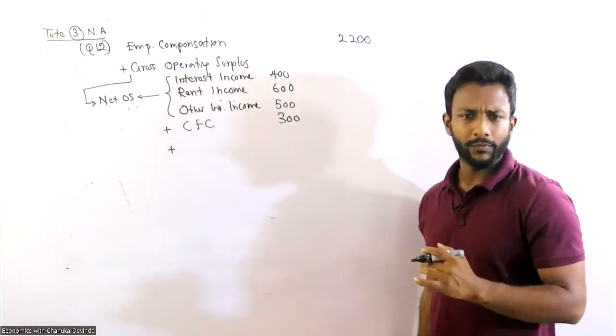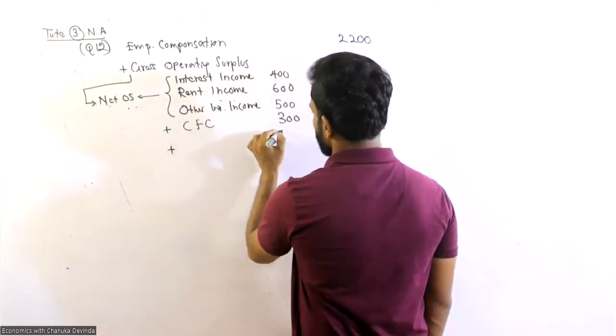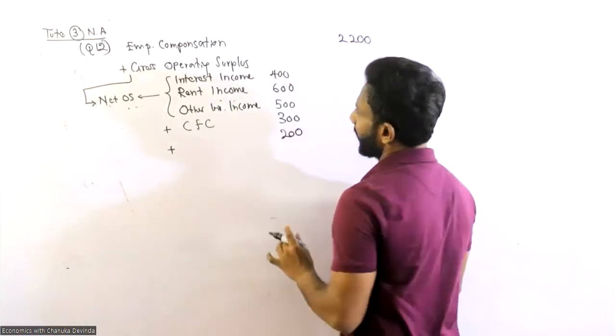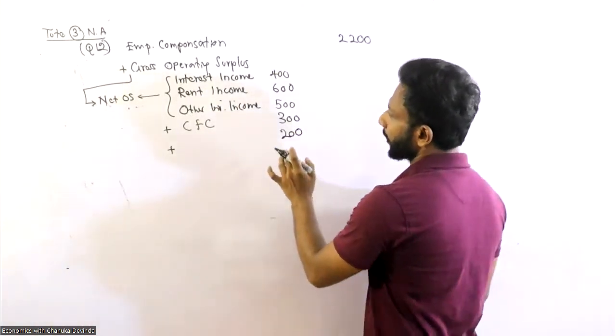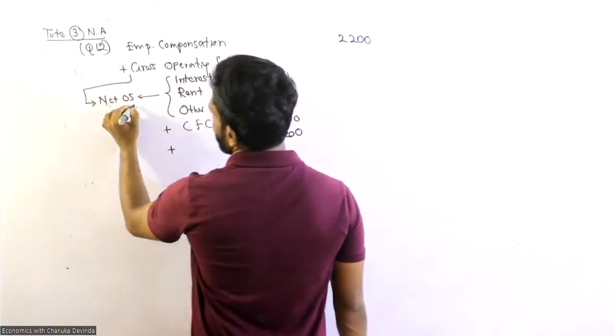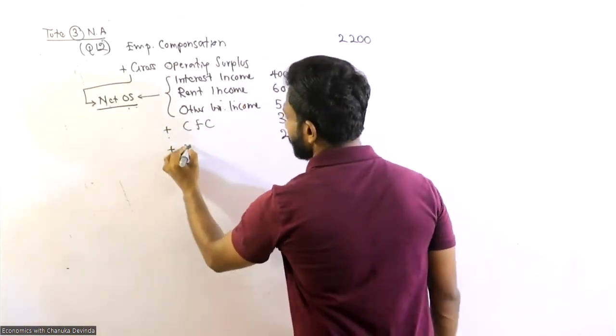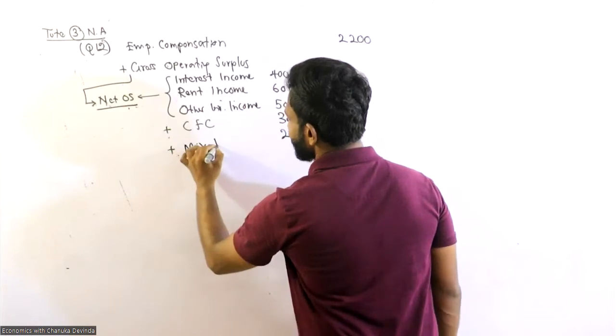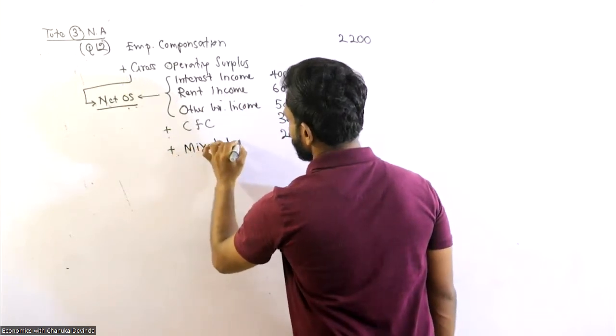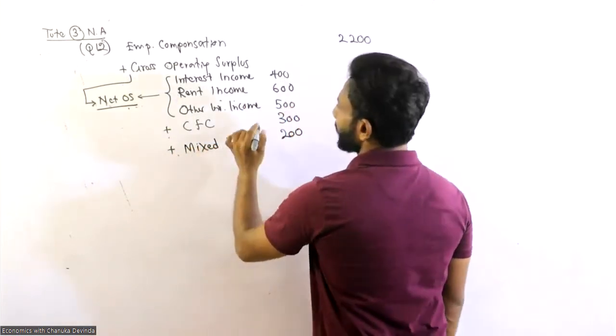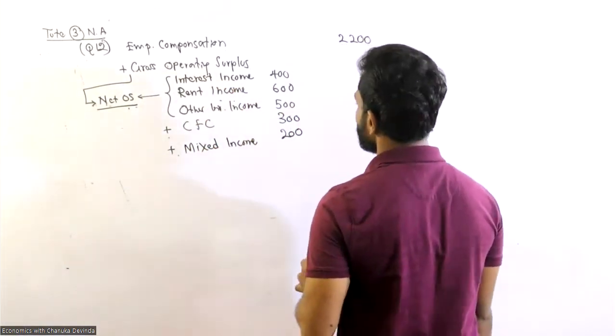Mixed income, yes, it is 200. That's right, we took all of them together. Because here net operating surplus plus CFC plus mixed income. When we add all these three together, it is gross operating surplus.